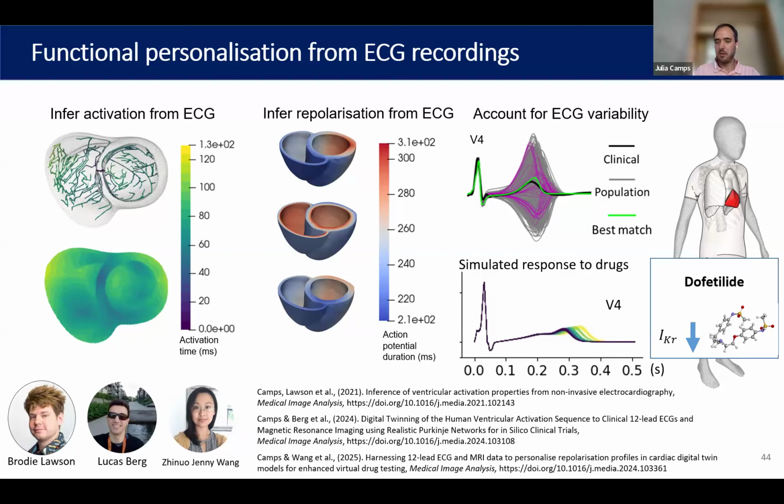But we need to keep in mind that what we are evaluating is only the effect of the drug on the ECG, because this model is incapable of reproducing arrhythmias as it is. So then we cannot evaluate the safety and efficacy of the drug. We can only see if the drug is displaying the behavior we would expect on the ECG, but we cannot go beyond that.